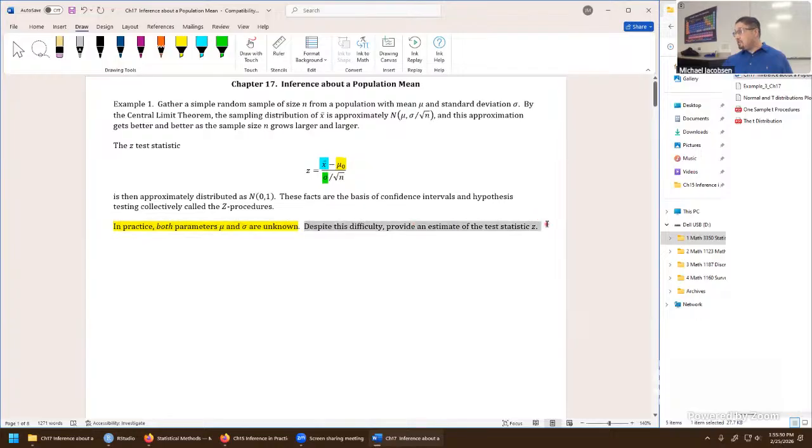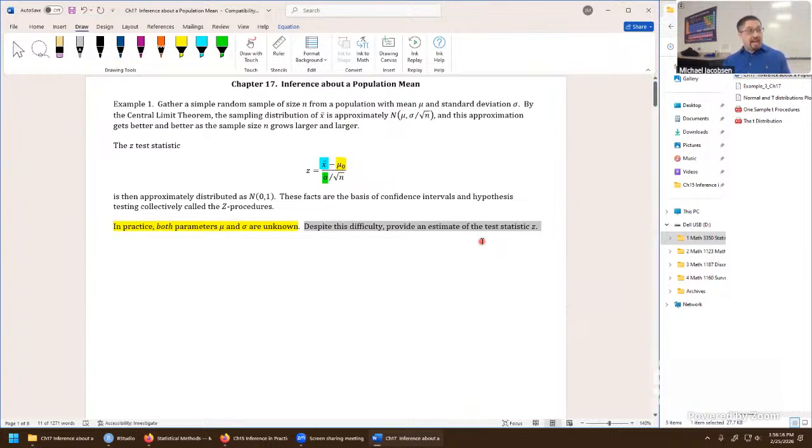We can still come up with an estimated value for the test statistic z, and this is what people were doing in practice about 100 years ago, until people like Gossett and Fisher got together, wrote a bunch of letters. Gossett found out that there's a problem here and came up with a new test statistic that resolved it, with a new distribution called the t distribution, published under pseudonym Student's t distribution.